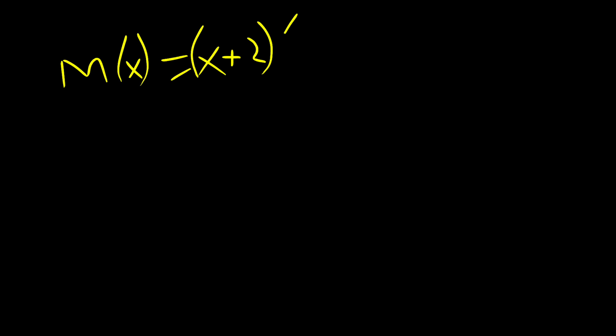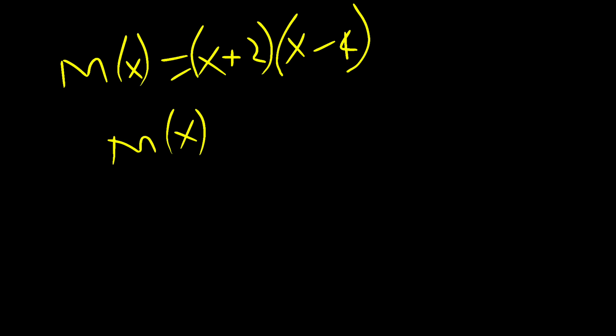So m of x is actually (x plus 2)(x minus 4), because remember, the minimal polynomial should mean that m of A is equal to 0.